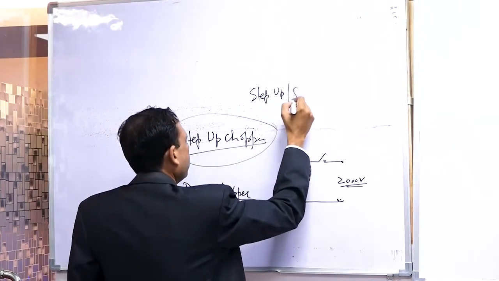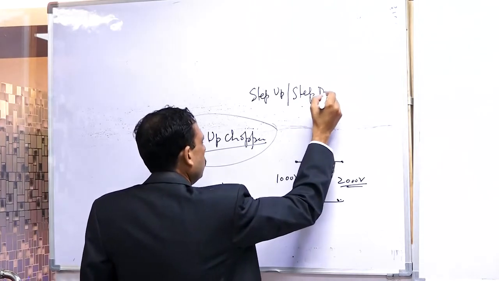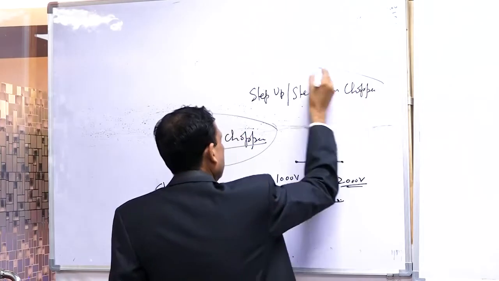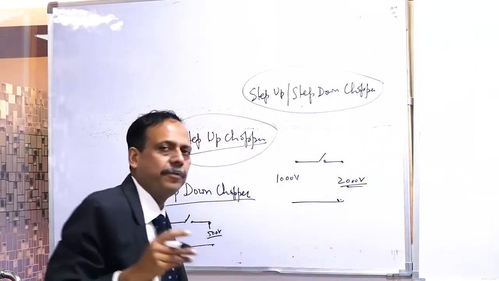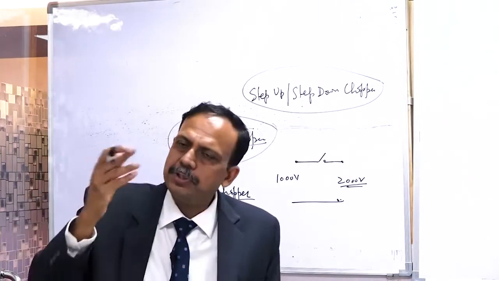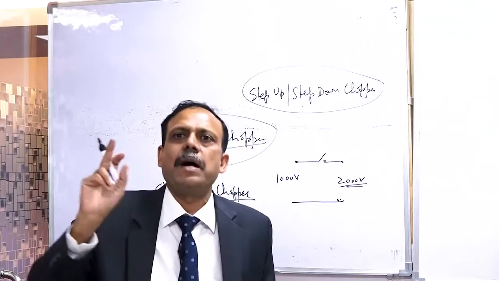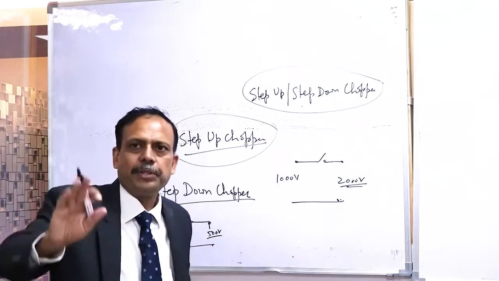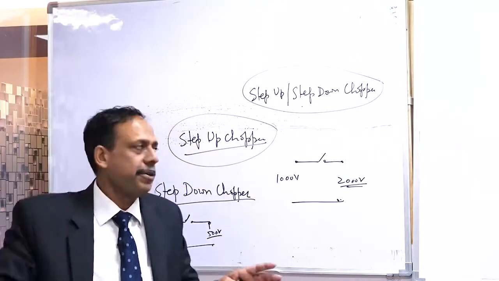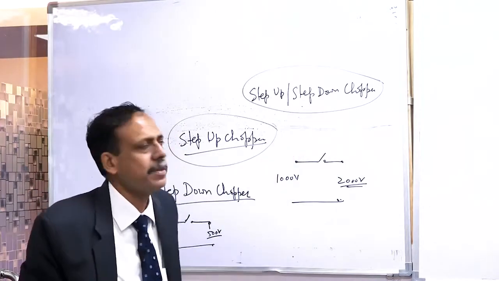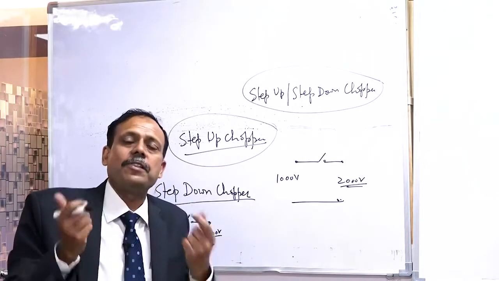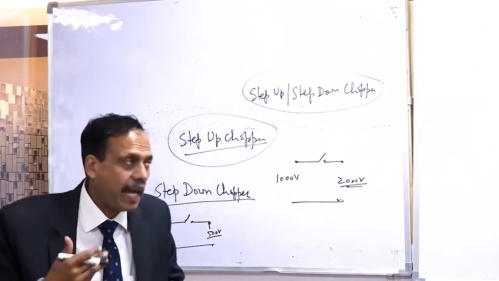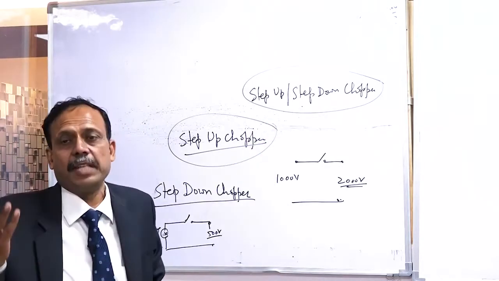Step up and step down chopper, the same chopper has the facility to step up and step down. As Bakul Narayana said, that is the type of chopper that is going to take care of the 4-quadrant operation that we will be studying. The one chopper has the facility to both increase or decrease based on the requirements of the load. So that type of chopper is the most versatile chopper.